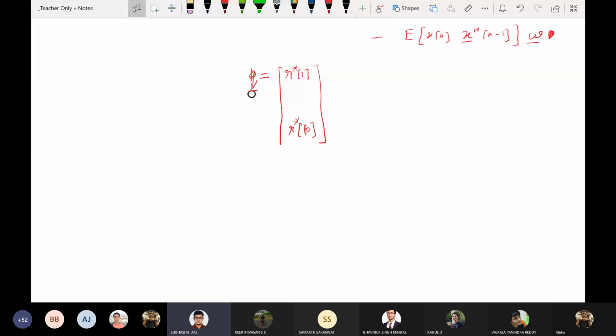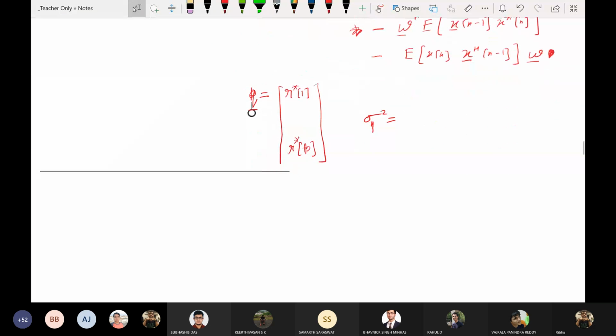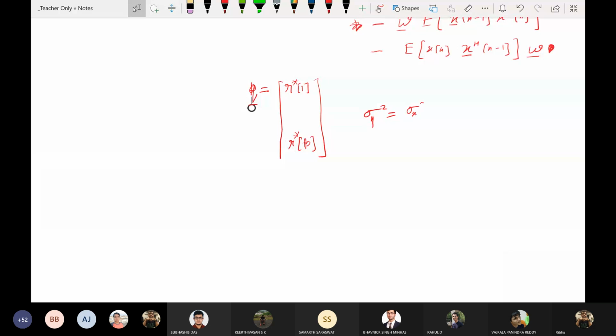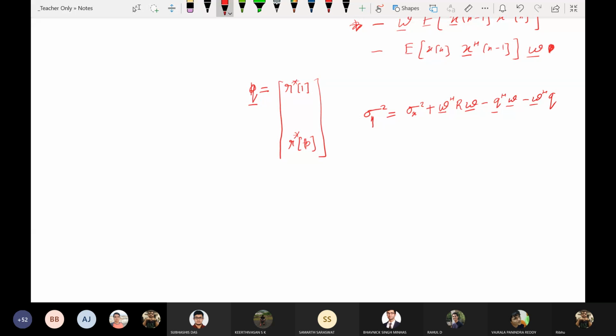So sigma eta square becomes sigma x square plus W Hermitian R W, R we had defined yesterday, minus Q Hermitian W minus W Hermitian Q. Fine?